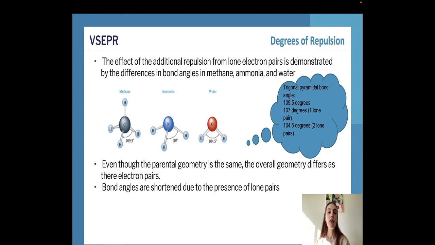Even though the parental geometry is the same, the overall geometry differs due to the electron pairing. The bond angles have been shortened because of the presence of lone pairs. That's just because of our repulsion theory, where the lone pairs push the rest of the atom away, shortening those bond angles.